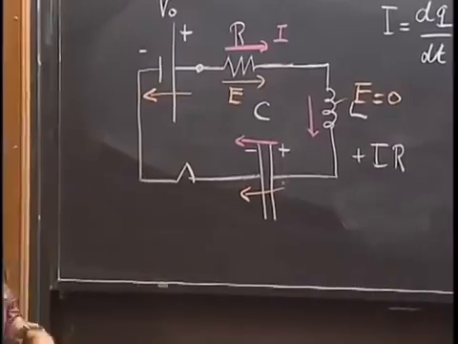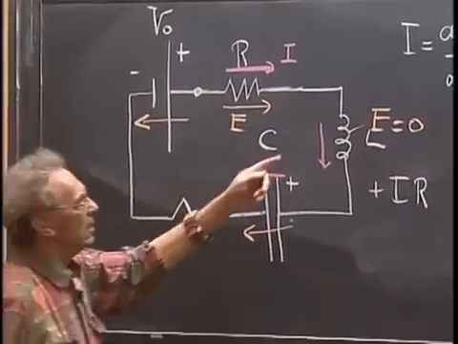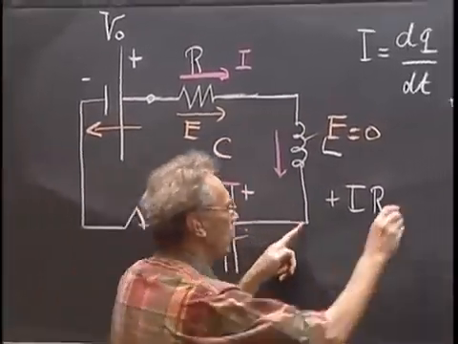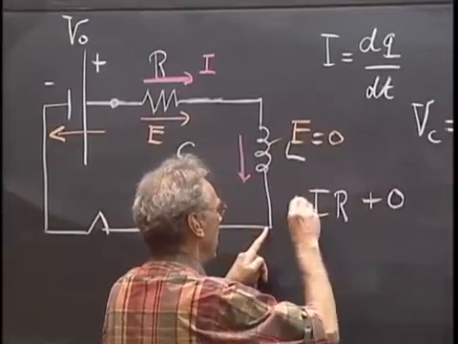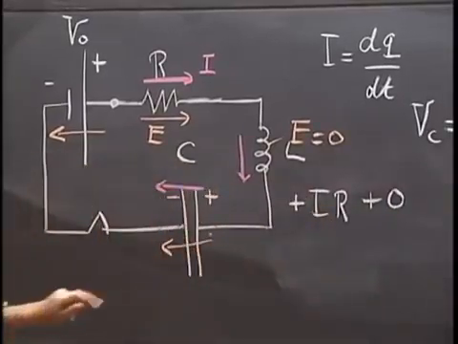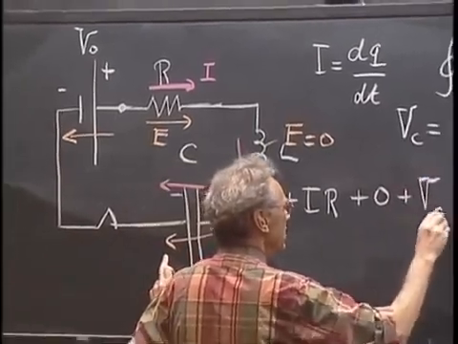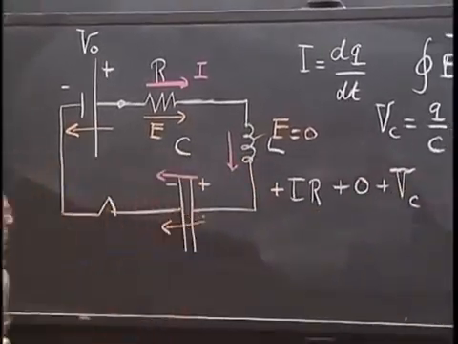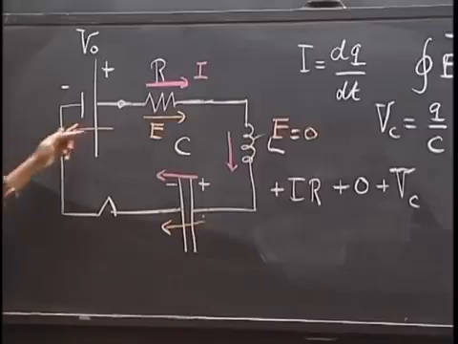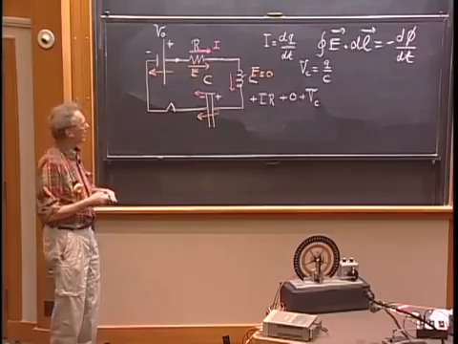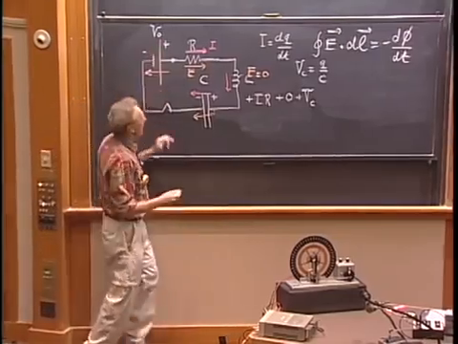Going through the self-inductor, the integral of E dot dl from here to here is 0, because there is no electric field inside the self-inductor. Going from here to here, I get plus V_C. That is what we call the potential difference over the capacitor. Here the electric field is opposing me. I walk into the electric field, so E dot dl is negative, and this is minus V0.